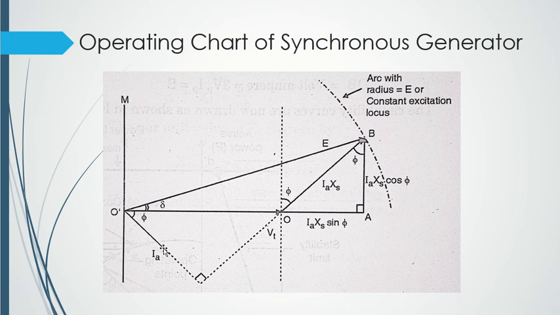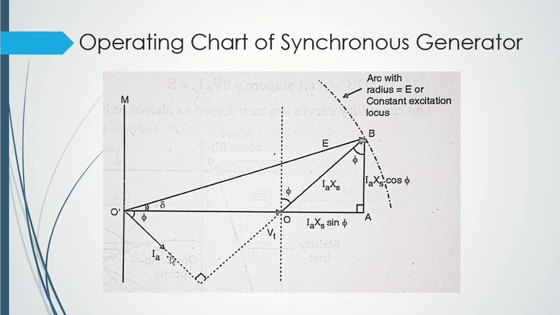Okay, now here you have current, here you have voltage. So what will be this part? If I want to find how much drop I have, I have to take the algebraic sum of these two vectors, right?